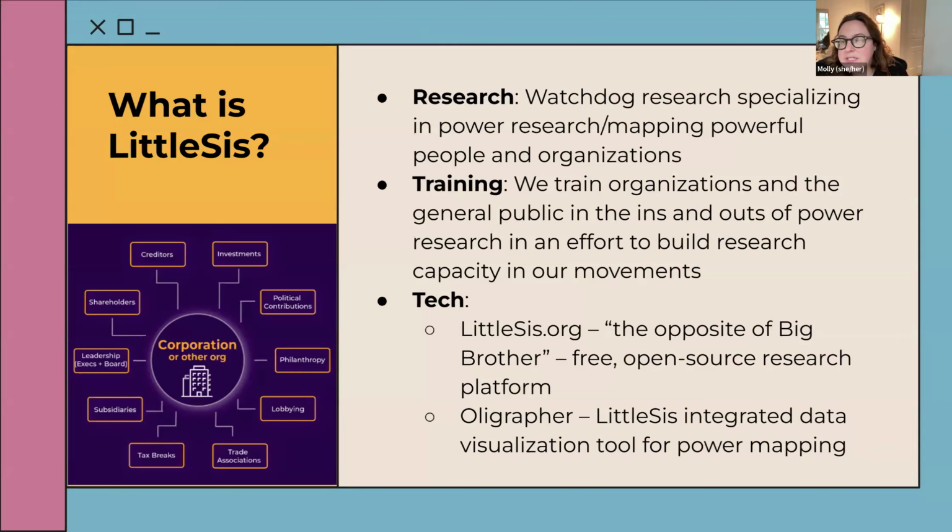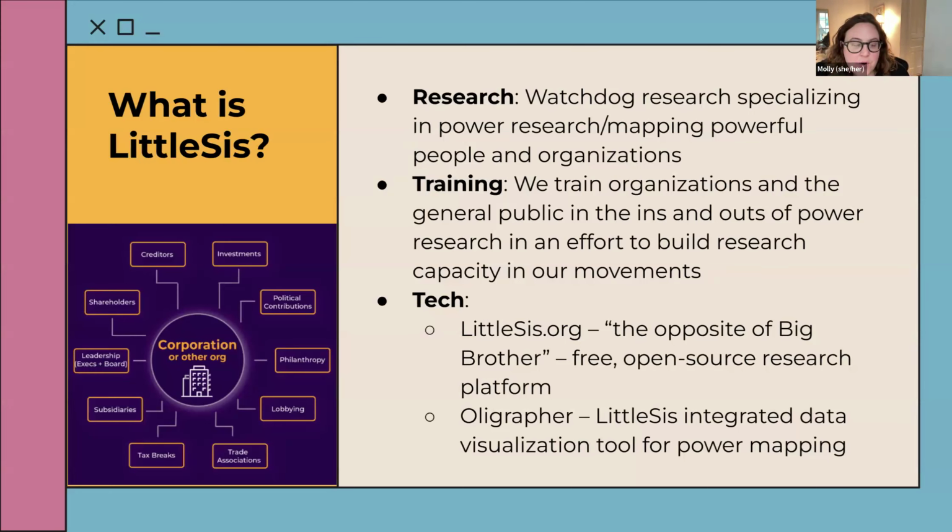We train organizations and activists, journalists, and other members of the general public on the ins and outs of how to do power research in order to build up capacity to do investigative research about powerful people and corporations within social movements. Tonight is an example of that.